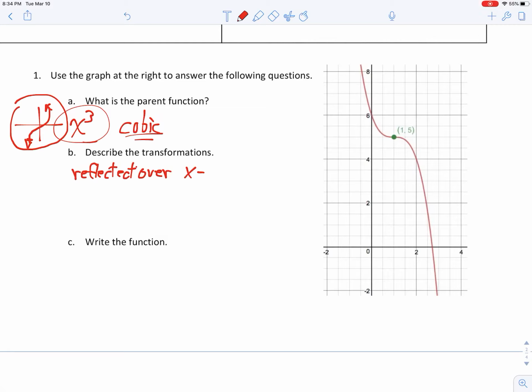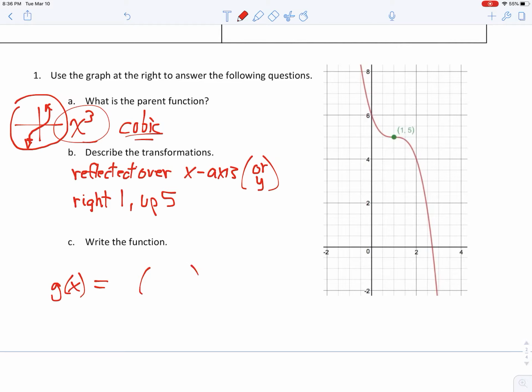And then it used to be at 0, 0, but now that important point, the pivot point where it goes from up like a cup to down like a frown, is at 1, 5. So we've gone right 1 and up 5. So we want our graph, I'll call it g of x, to show that we've had a reflection and then right 1 up 5.